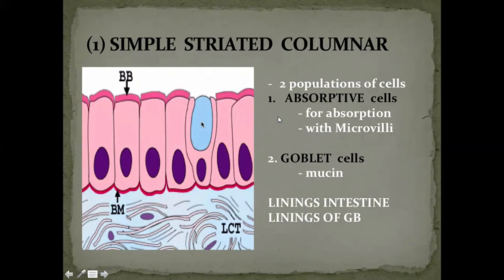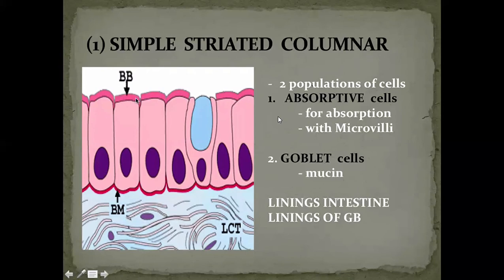Another one is a simple striated columnar epithelium. Okay. In the simple striated epithelium, there are two populations of cells present: the absorptive cells and the goblet cells. Okay. So the goblet cells is the blue one here, and the absorptive cells are this one on top.